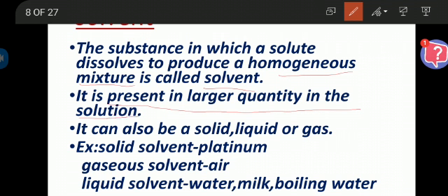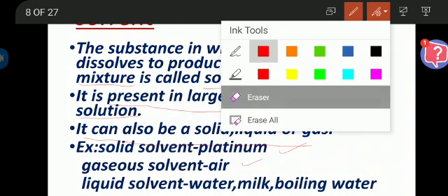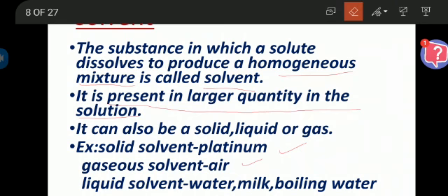Like solute, it can also be in the form of solid, liquid or gas. For example, solid solvents are platinum, the gaseous solvent is air, liquid solvents are water, milk, boiling water. So this is all about your solvent.